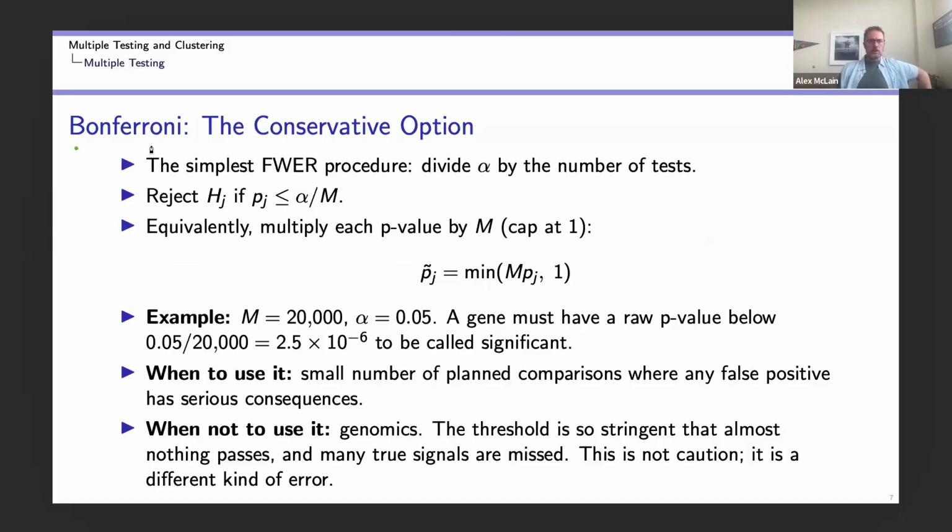So if we want to control the family-wise error rate, the most common method of doing this is called the Bonferroni procedure. It's very simple. Here, what we do is we divide the alpha by the number of tests.